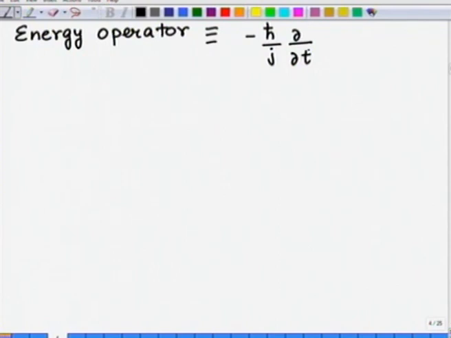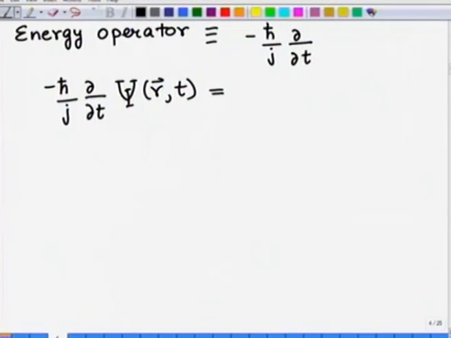If I apply this operator to φ of r, t, then I will get my energy times this wave function.